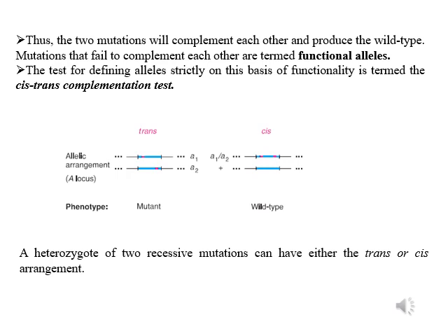A test for defining such alleles based on their functionality is termed the cis-trans complementation test. In this picture you can see how the alleles are arranged in the trans arrangement. There is a particular locus A. You can see the recessive forms A1 and A2 present on the two different alleles.